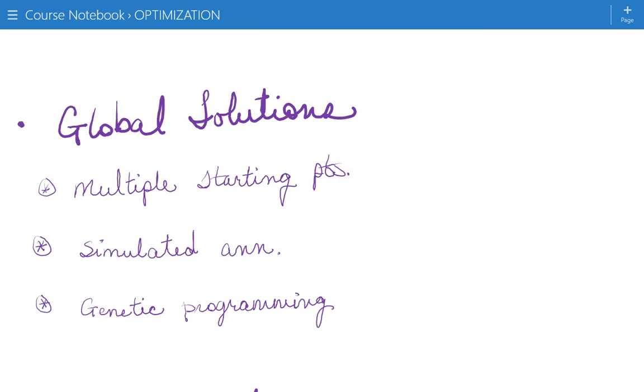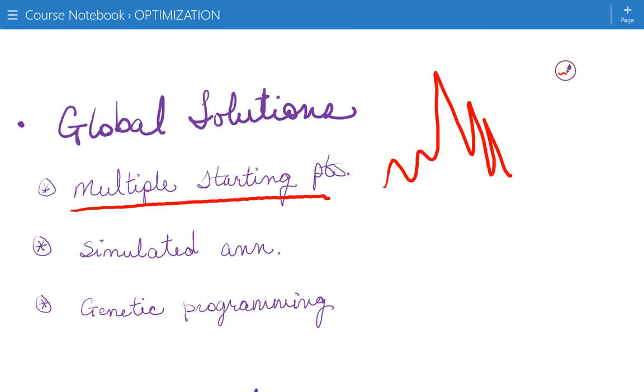Our concern about global solutions, as I said before, is that we can look at multiple starting points, and that's about the only way to really consider complex equations. Consequently, it can be very difficult to know if you're at a global solution if the parameter space is very choppy.